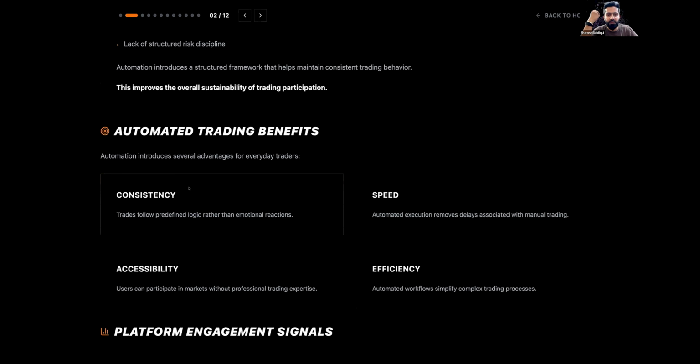Then let's look at the automated trading benefits. Consistency: trades follow predefined logic rather than emotional reactions. Speed: automated execution removes delays associated with manual trading. The moment an opportunity comes, it is executed by the auto trading engine, and the moment it is executed, it goes to post trade analysis and to the exit mechanism of the AI tool that focuses on making an exit with profit for you.